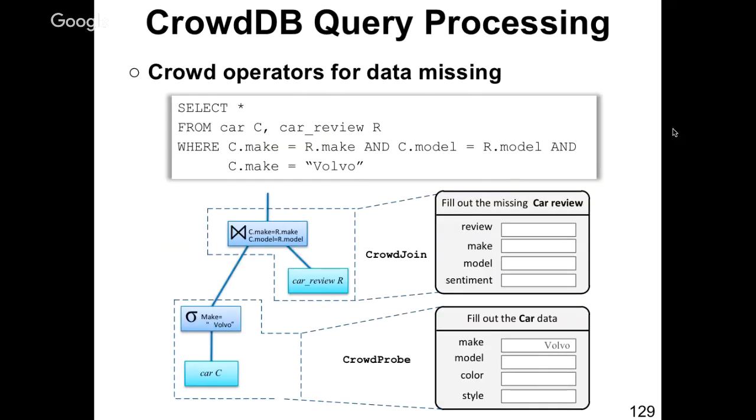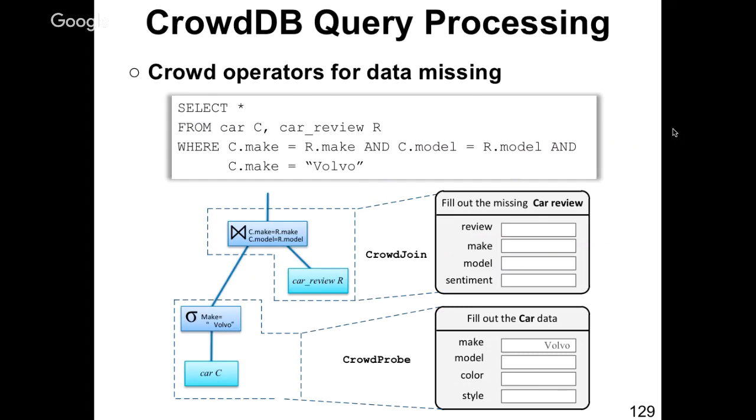Okay, to support this CrowdSQL semantics, CrowdDB focuses on designing so-called crowd operators. For example, these are two types of crowd operators, CrowdProbe and CrowdJoin, for this SQL query, where the user wants to collect a set of Volvo cars. To answer this query, the system first uses the CrowdProbe operator to fill in more information about the Volvo cars.